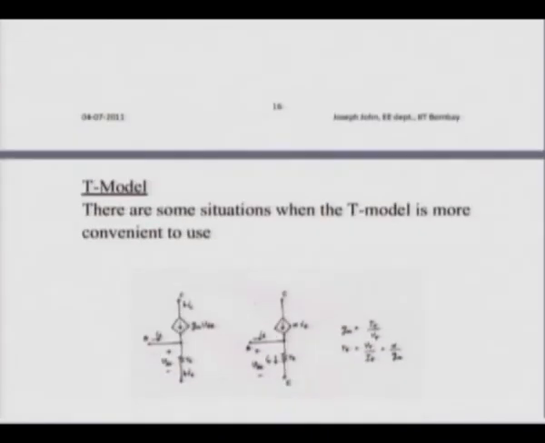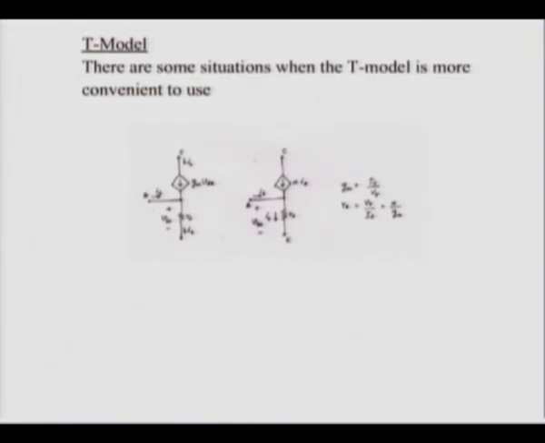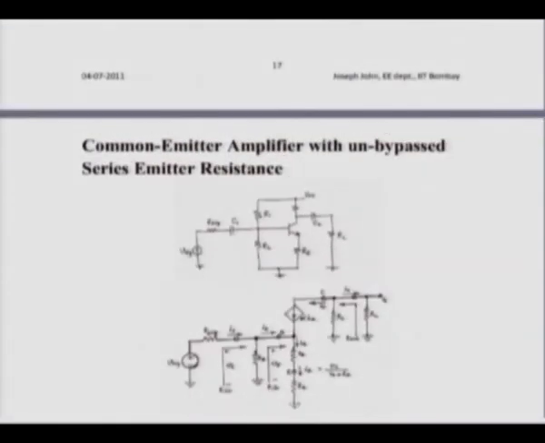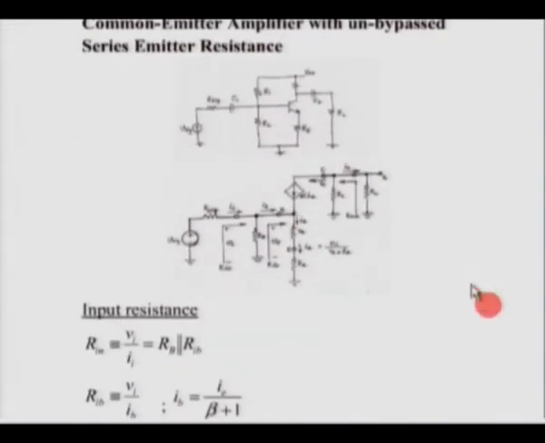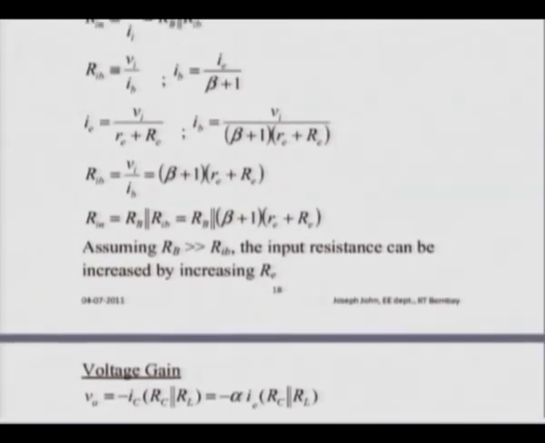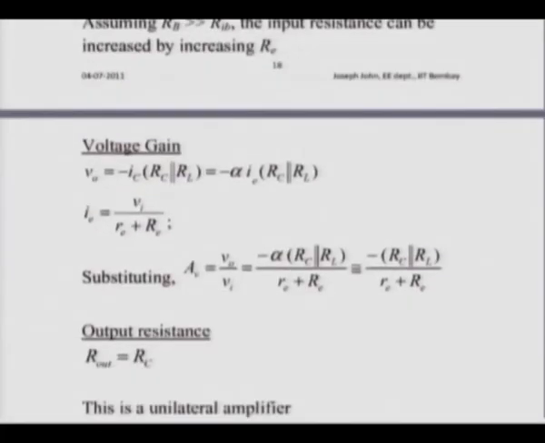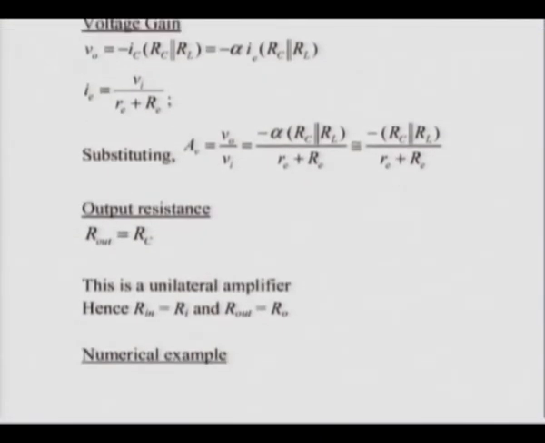Later we talked about the T model. We said that's a very useful model whenever we have a resistance in the emitter, as the T model gives you an easier way to analyze the circuit. We saw a common emitter amplifier with a series emitter resistance, and we found that compared to the previous common emitter amplifier with a capacitor at the emitter, the input resistance here was much higher, but the voltage gain was very low, and the output resistance was the same.